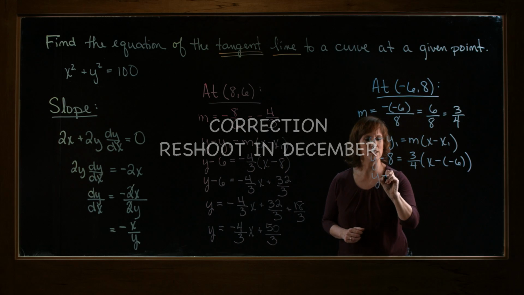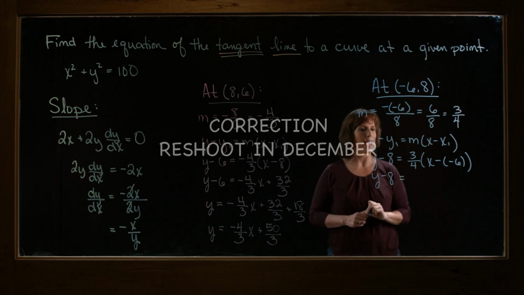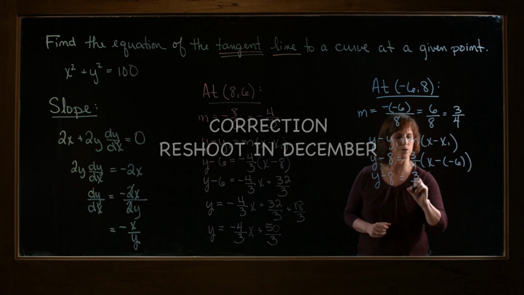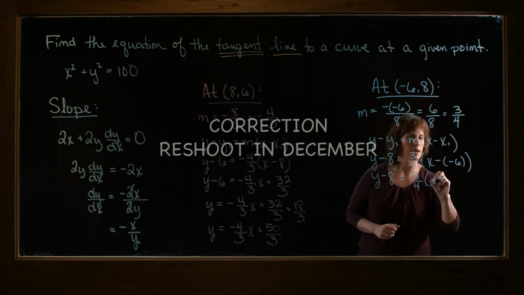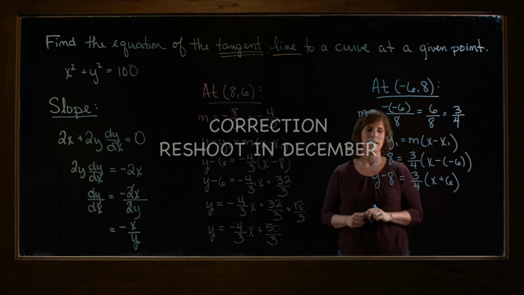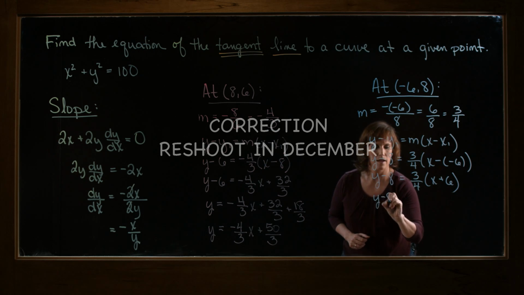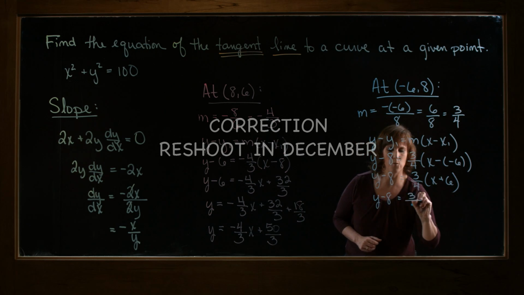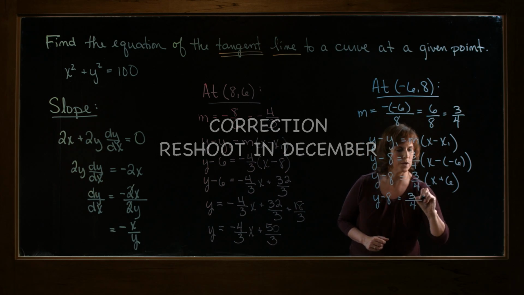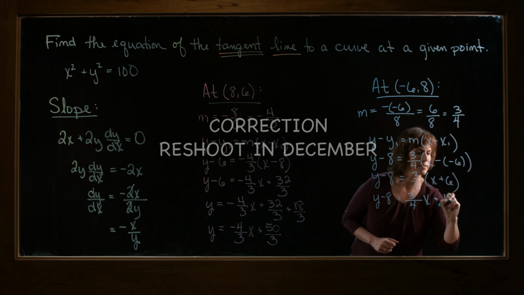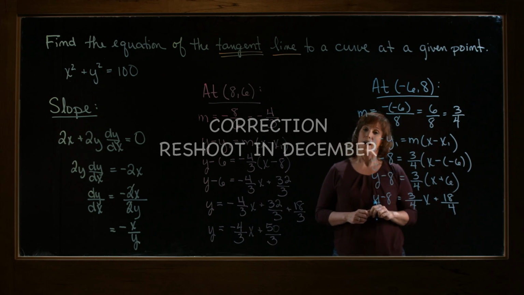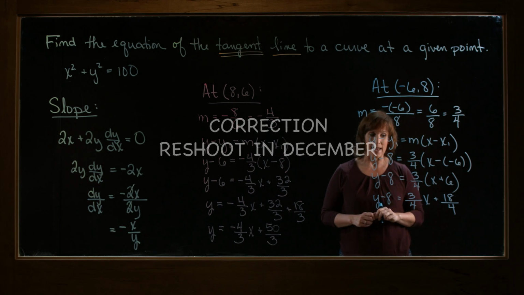A little simplification, I have y minus 8 equals 3/4 times x plus 6. I'll go ahead and distribute my 3/4 across. And I have y minus 8 equals 3/4 x plus 18 quarters. Finally, I have to add 8 to both sides.